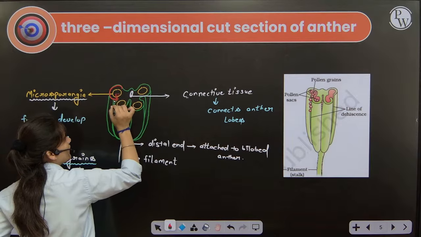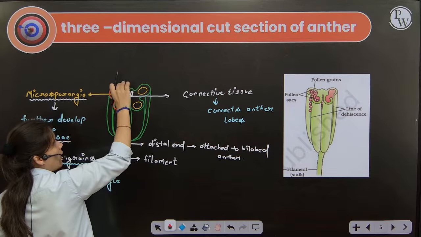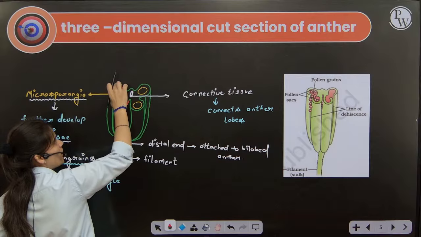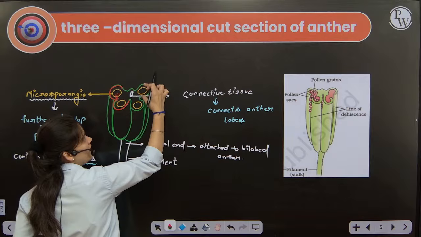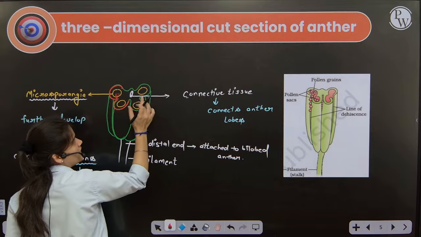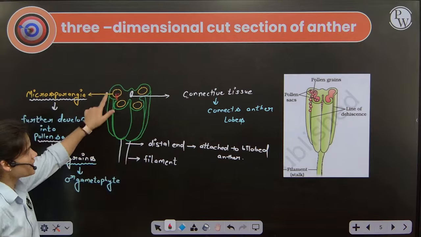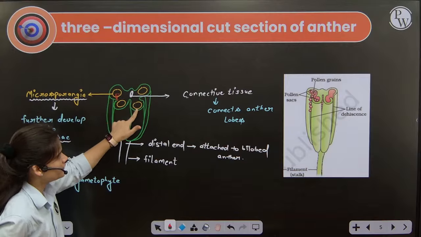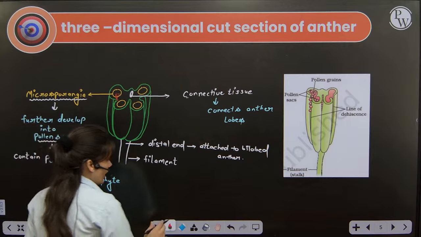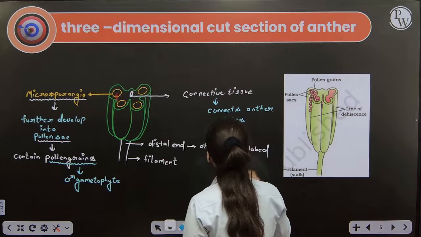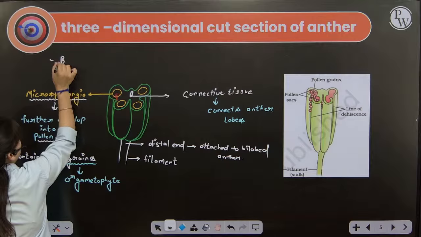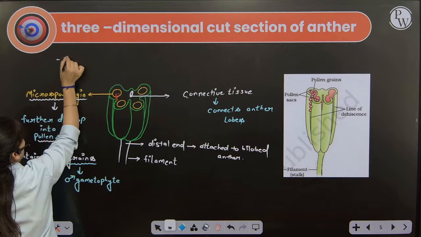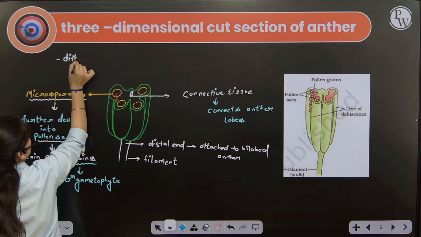Thecas are present. One lobe has two theca. This is one theca, this is another theca. Second lobe also has two theca. Each lobe is dithecous. That's why anther is known as dithecous.